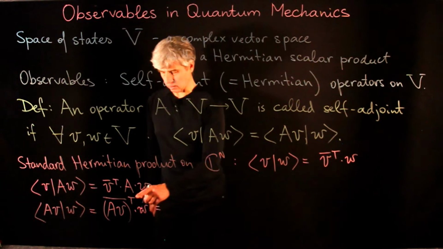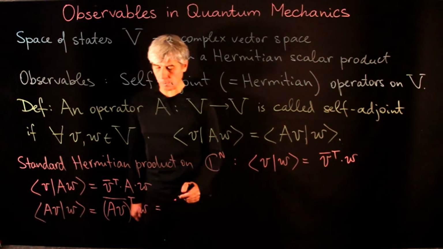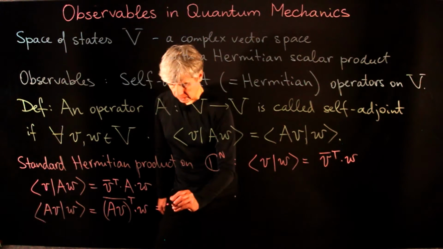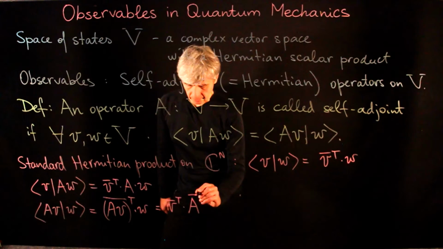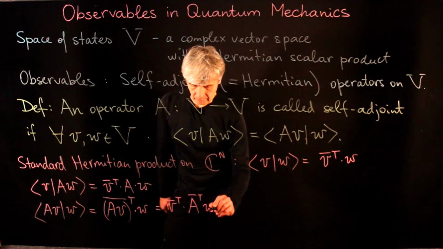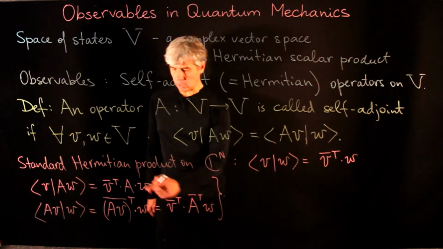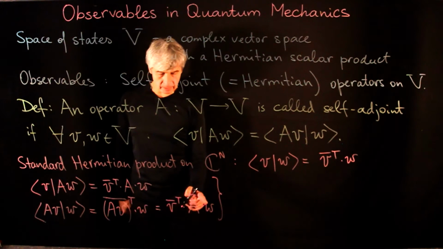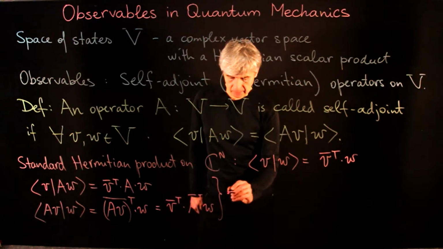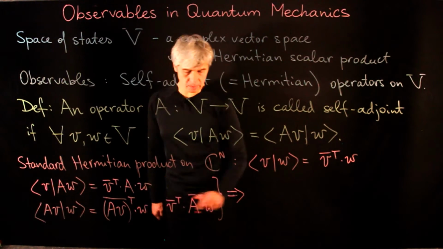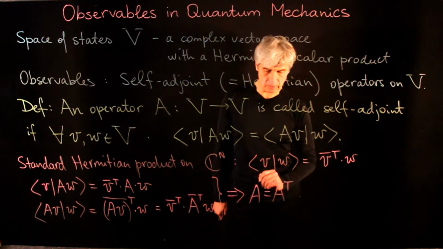When we take the transpose of the product, it's the product of transposes in the opposite order. So this becomes V bar transpose times A bar transpose times W. And if this equality holds for all W and V, then this implies that these two matrices must be equal, so that A is equal to A bar transpose.